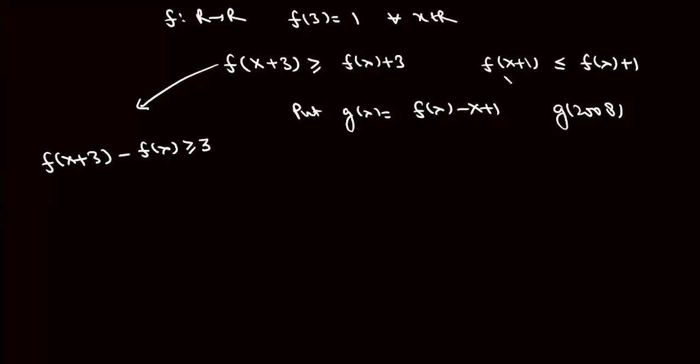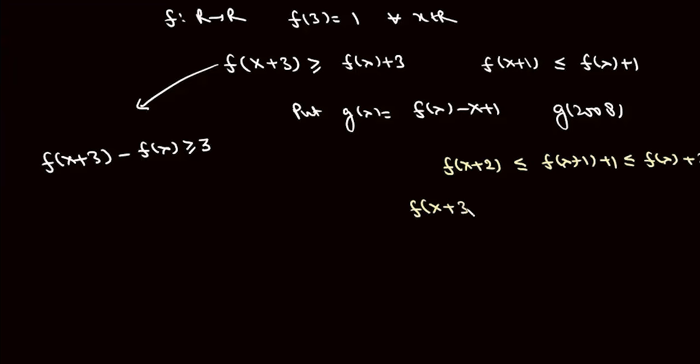Now, from this second one, we can write f(x+2) is less than or equal to f(x+1) + 1, which is less than or equal to f(x) + 2, and in the same way f(x+3) is less than or equal to f(x+1) + 2, which is less than or equal to f(x) + 3.